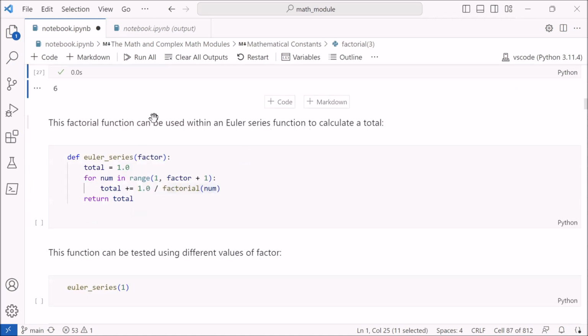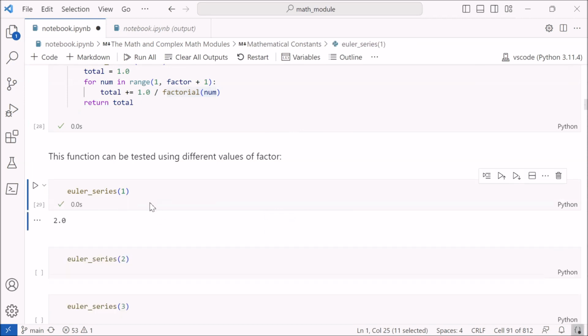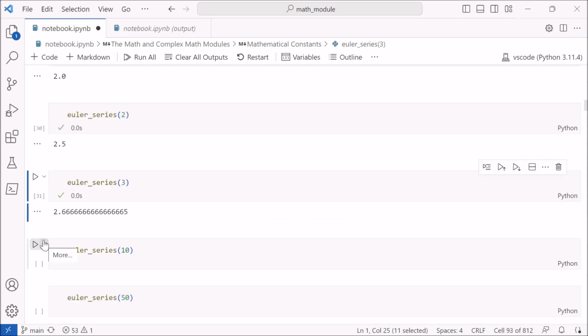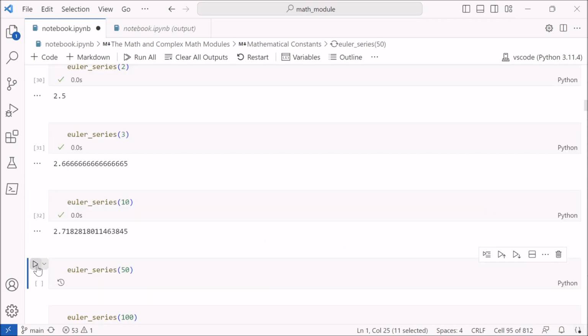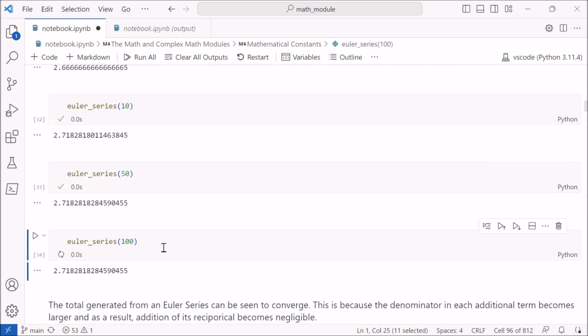So this factorial function can be used within a Euler series to calculate a total. So if we define this function and we have a look at the Euler series of 1, we're going to get 2, and the Euler series of 2 gives us 2.5, and of 3 gives us 2.667, 10 gives us 2.718, 50, 2.718, 100, 2.718.